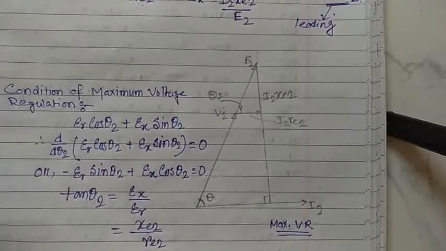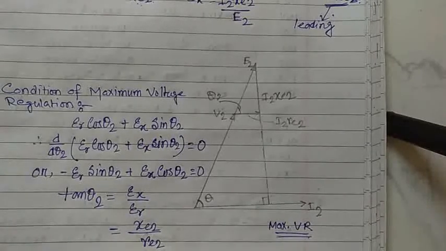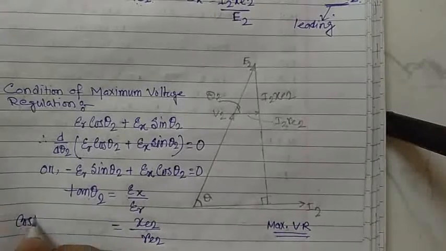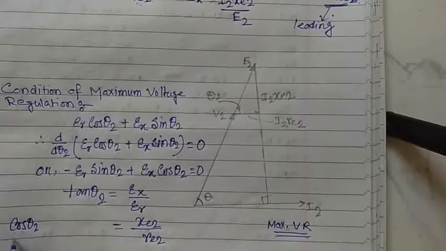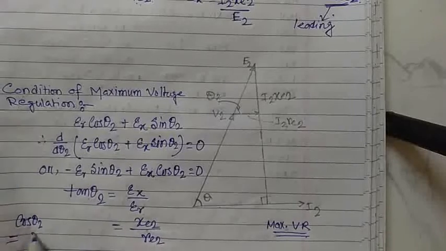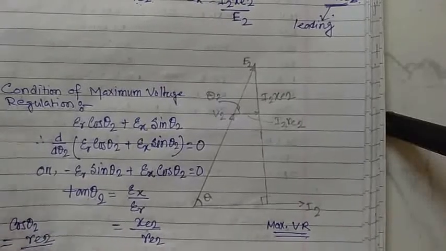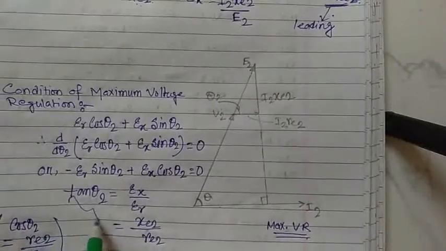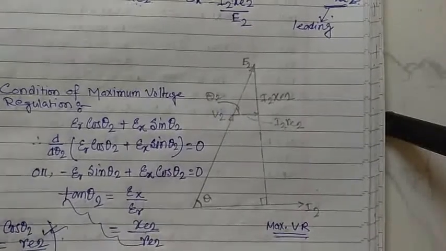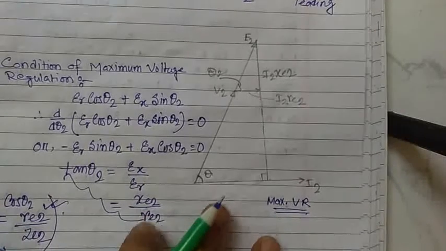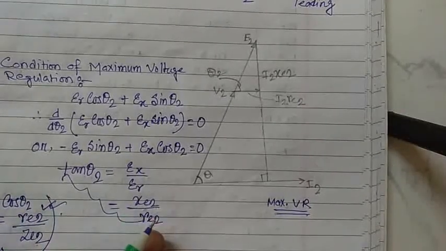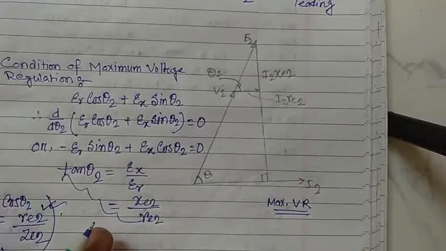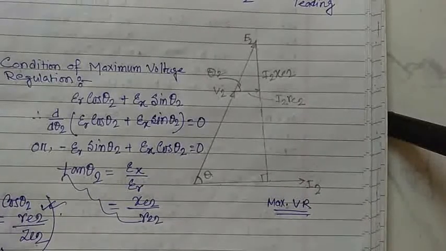Now from the earlier concept, cos theta 2 is equal to Re2 divided by Ze2. So this is the tan theta 2 value and this is the power factor value. Tan theta 2 is Xe2 by Re2 and cos theta 2 is Re2 by Ze2.